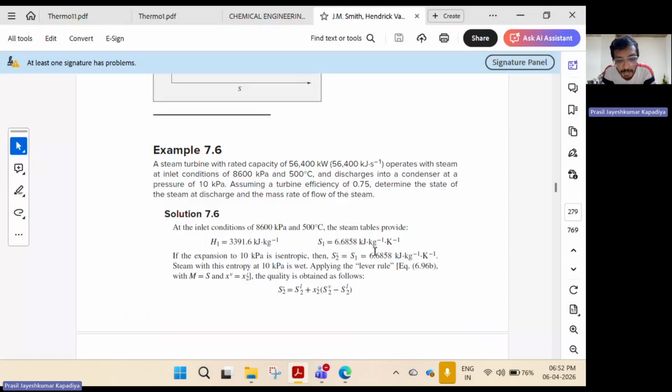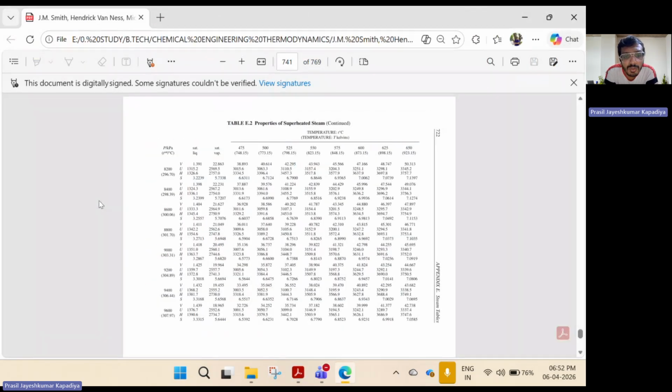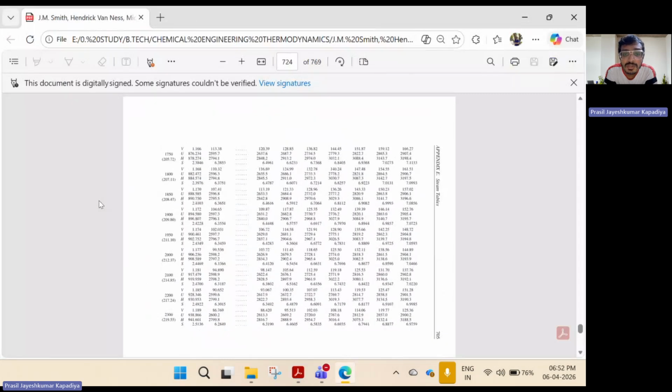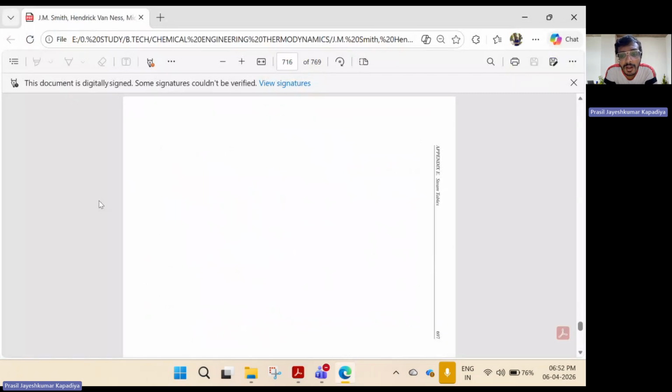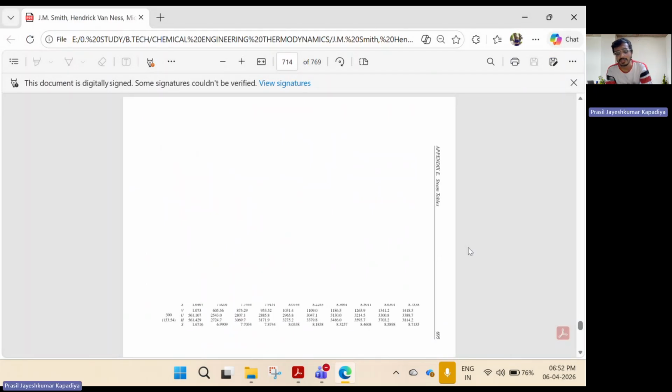Now the process is isentropic, so S2 prime is equal to S1. At 10 kilopascal, we know that the steam is wet, so the superheated table is not going to help. Now we need to go to the saturated table.